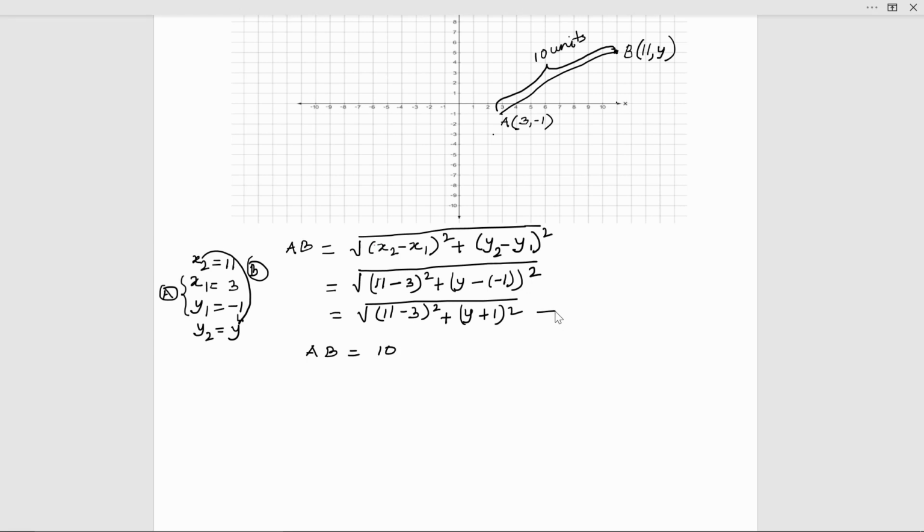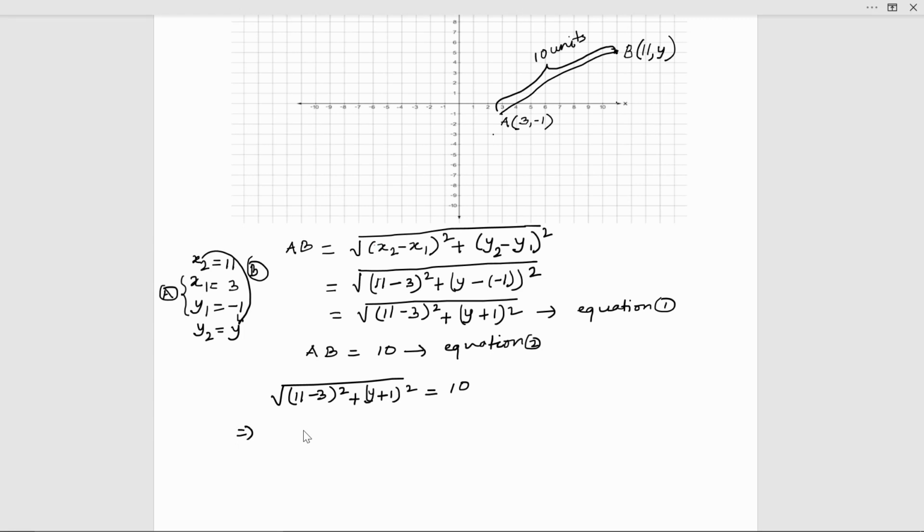Now if I consider this to be equation 1 and this to be equation 2, we can write (11 minus 3) squared plus (Y plus 1) squared equal to 10.